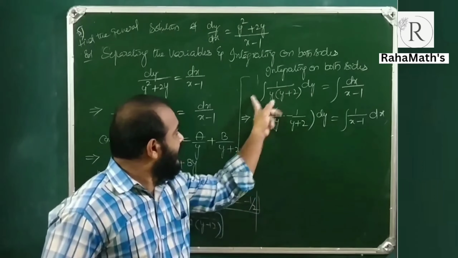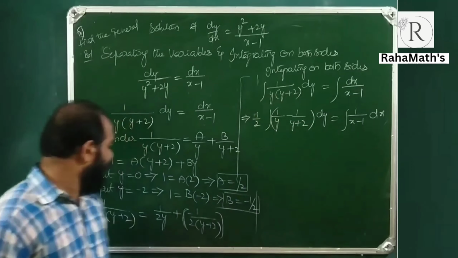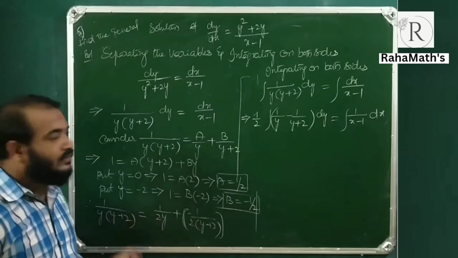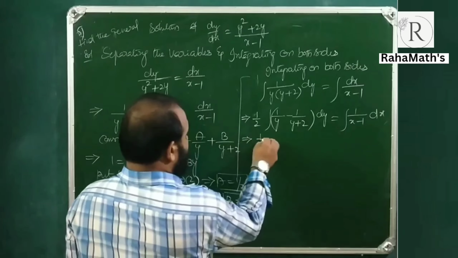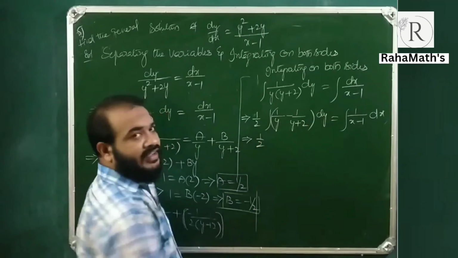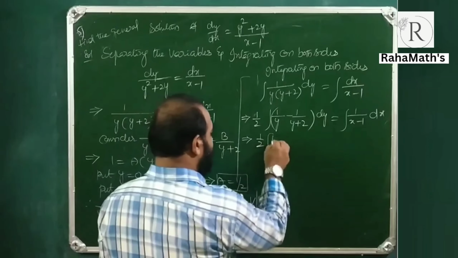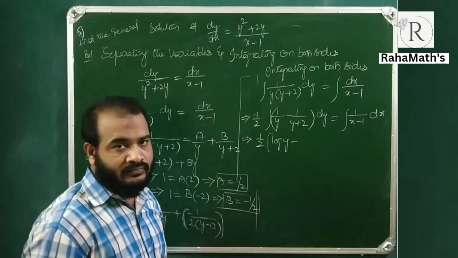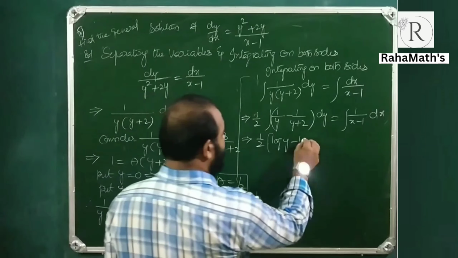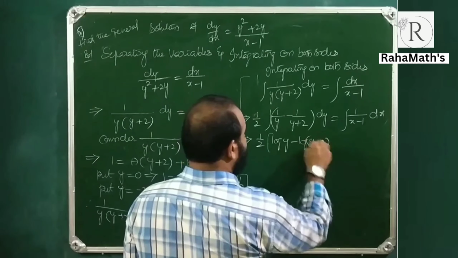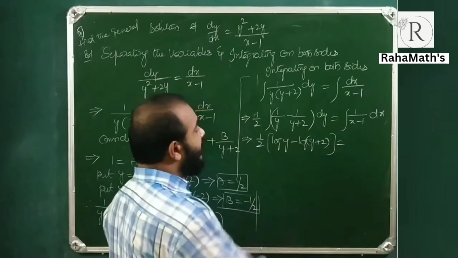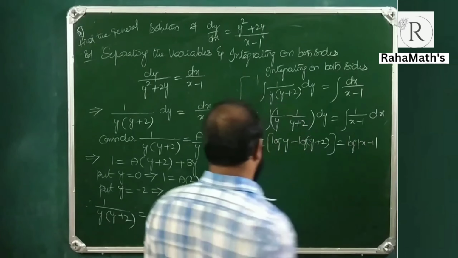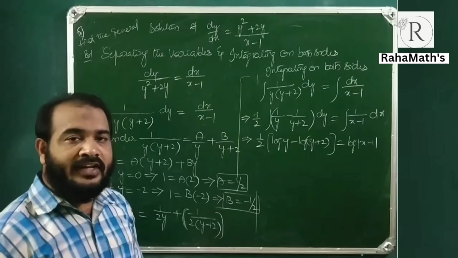The integral of dy, 1 by y(y + 2), I have written with 1 by 2 set apart. So this is equal to 1 by 2 times the integral of 1 by y dy, which is log y, minus the integral of 1 by (y + 2) dy, which is log (y + 2), equal to the integral of 1 by (x − 1) dx, which is log |x − 1|, plus the constant of integration c.